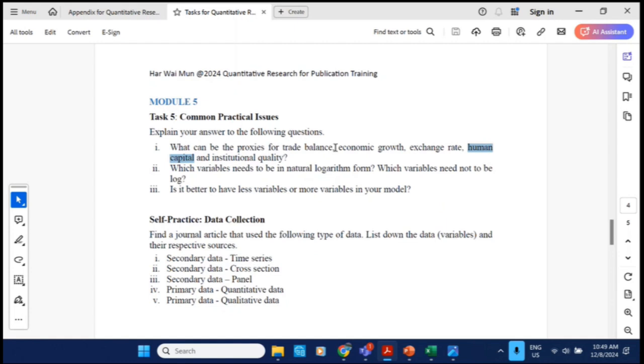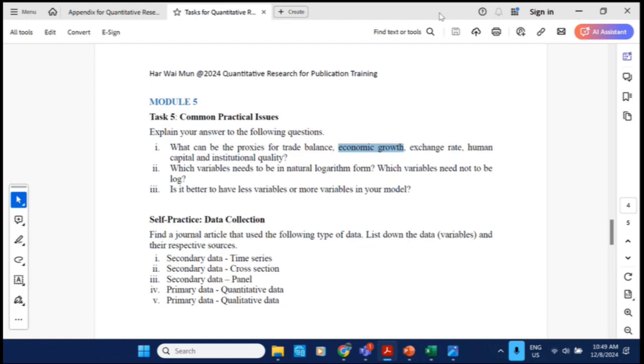Now, economic growth, as we just saw, you can straight away take the GDP growth in terms of percentage annual change. Or you can take the GDP in absolute amount, like in millions or billions, not in percentage, in constant local currency unit. And when you do the regression, you log it.